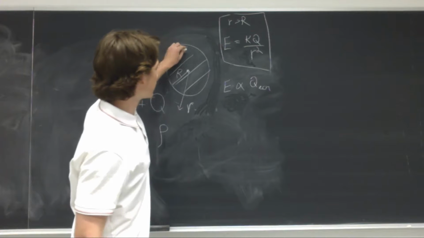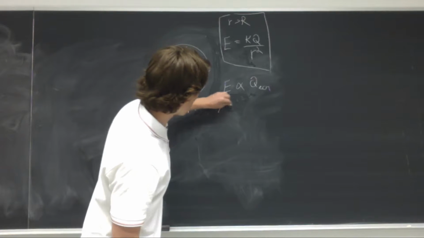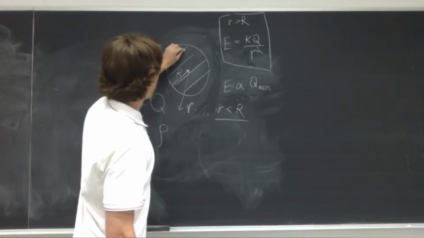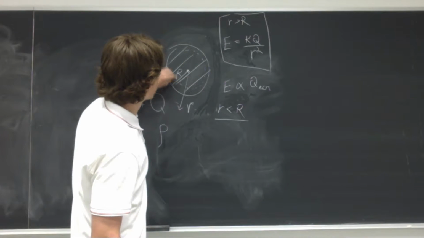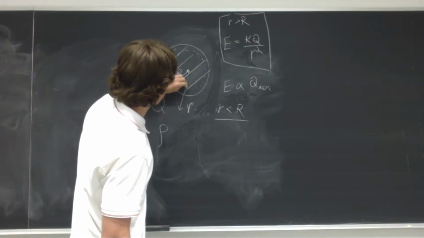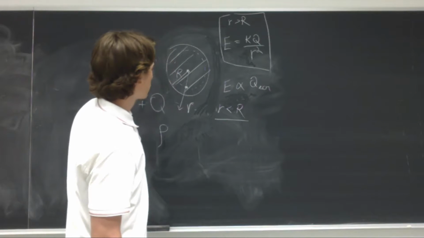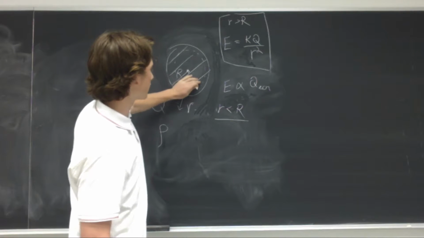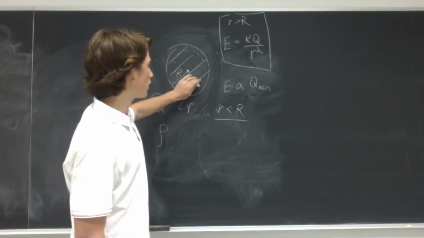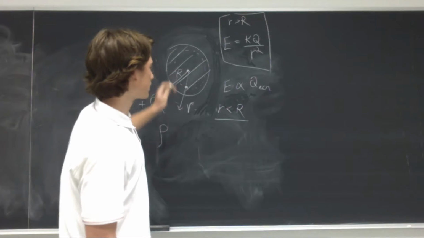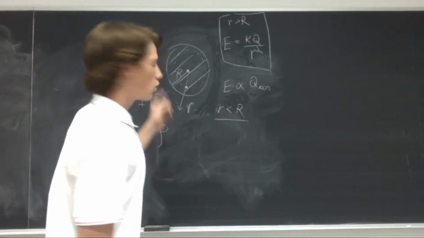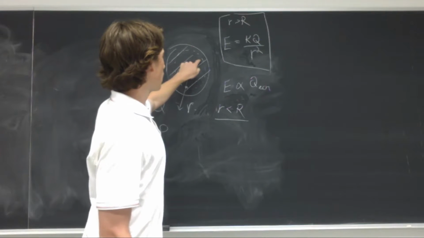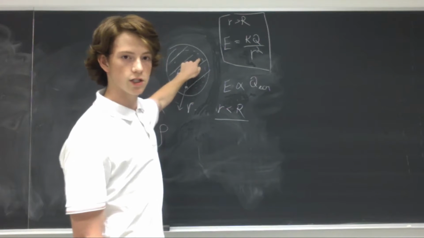Now we're inside the sphere. We can deal with where r is less than capital R. If we imagine a Gaussian surface inside the sphere at this point r, the Q enclosed is only a part of the charge inside the sphere. So now, first we have to figure out what ratio, the amount of charge that is in this Gaussian surface.